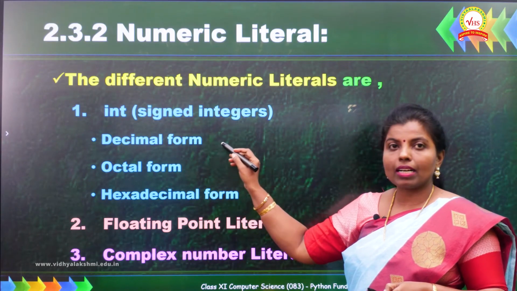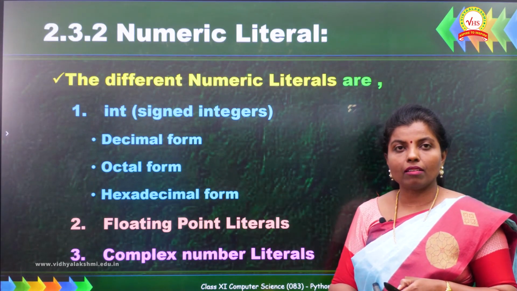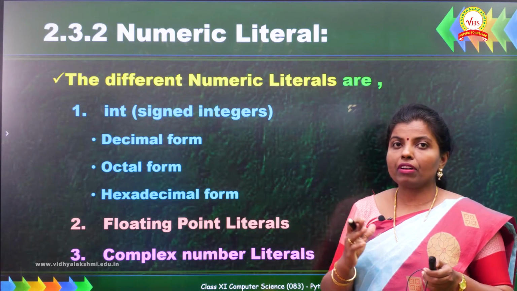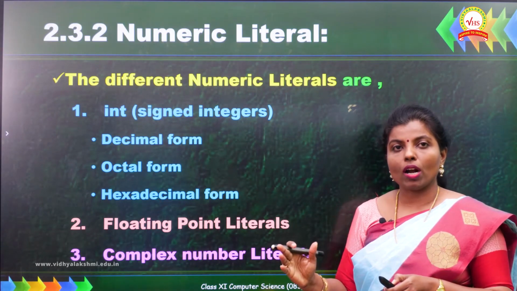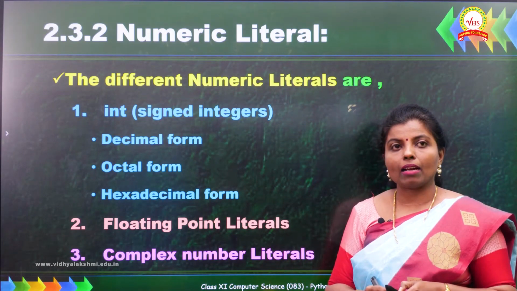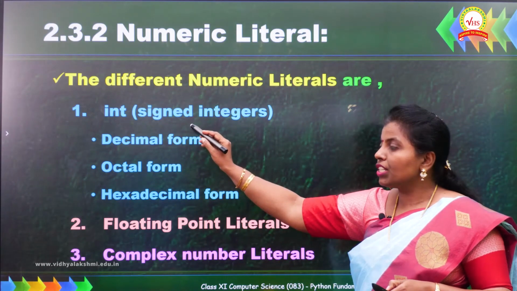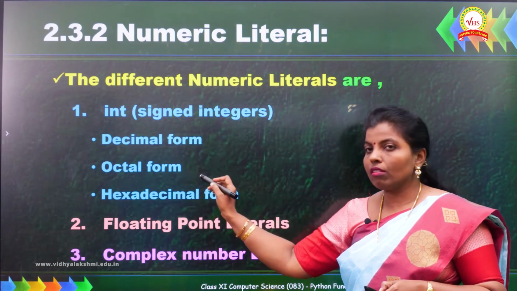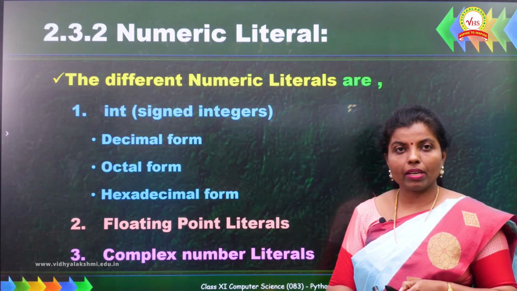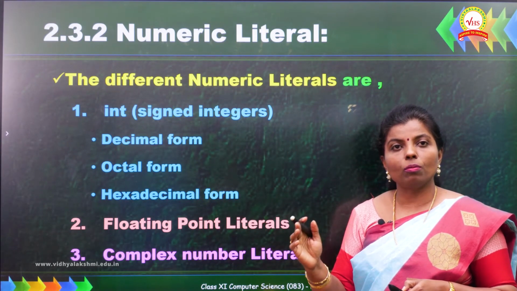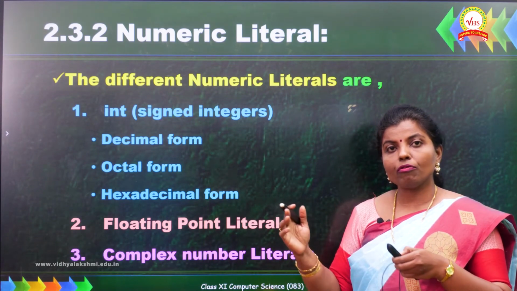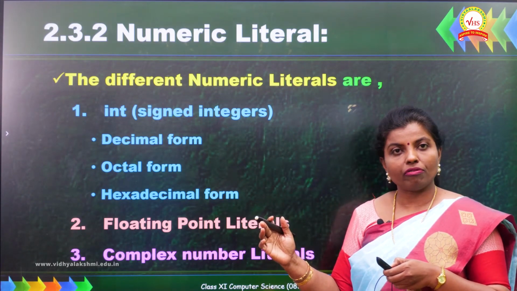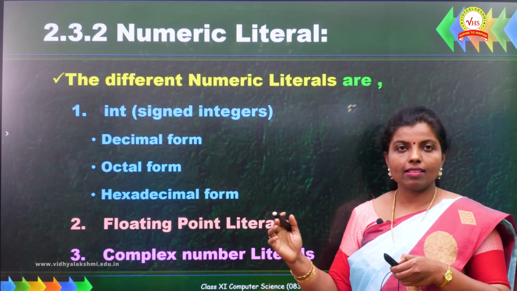The decimal form consists of the number beginning with 1 to 9. If a number begins with 1 to 9, then that number can be treated as the integer literal in decimal form. The integer literal in octal form consists of number beginning with 0 followed by the letter O and followed by any valid combination of numbers between 0 and 7.